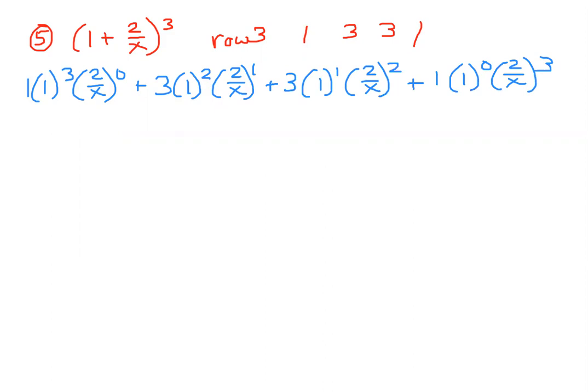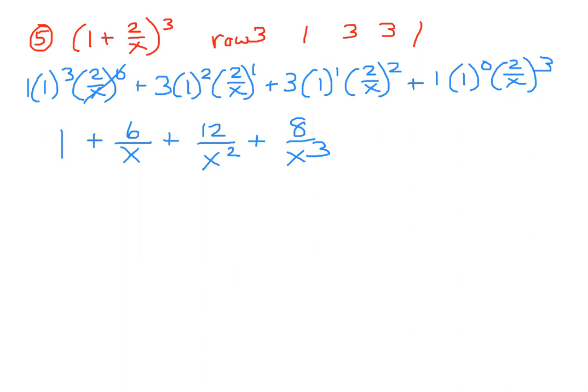And let's simplify this. This is just 1, so this becomes 1 plus 3 times 2, 6 over x, plus 12 over x squared plus 8 over x cubed. And that's going to be your answer, right?